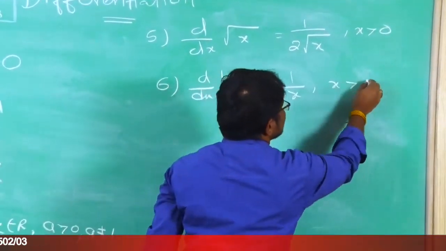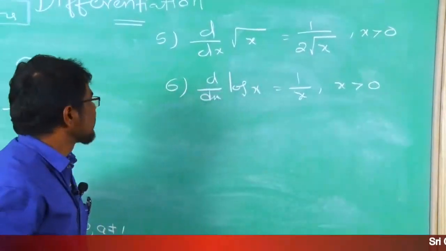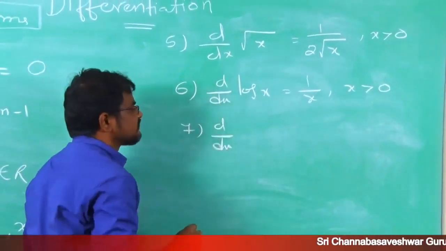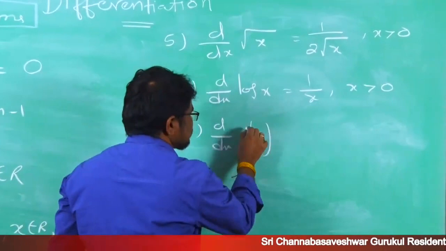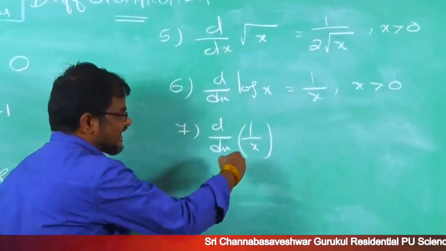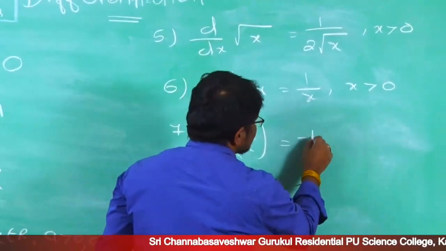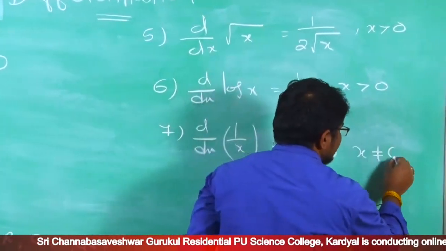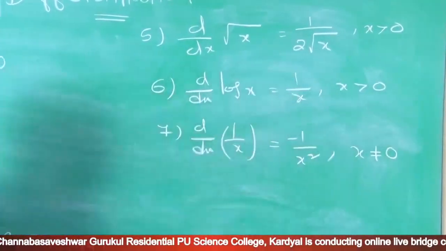Here also x greater than 0. And the seventh one is d by dx of 1 by x. We will use this one frequently, so that's why I took this as a formula. That is equal to minus 1 by x square, where x should not equal 0.